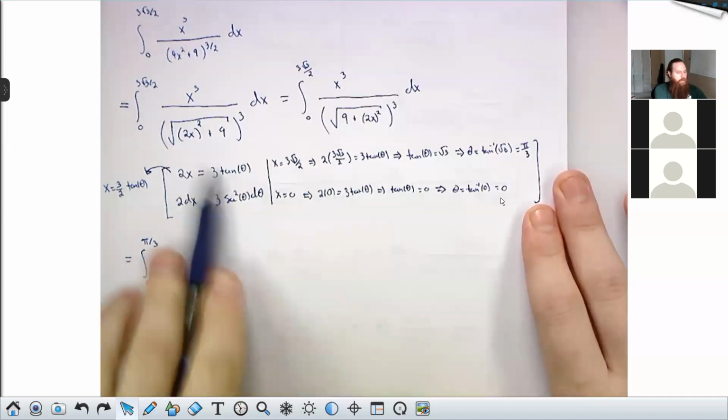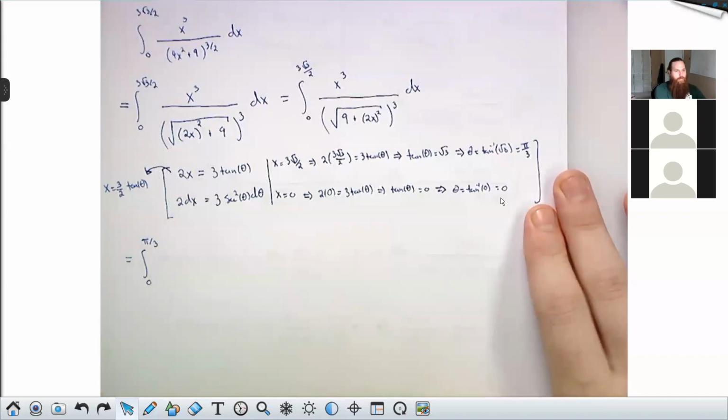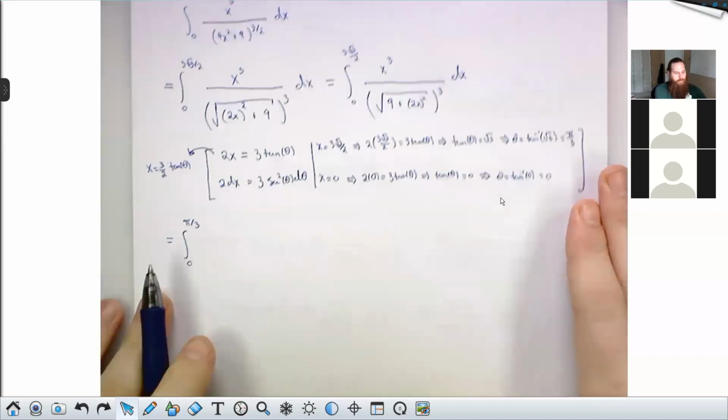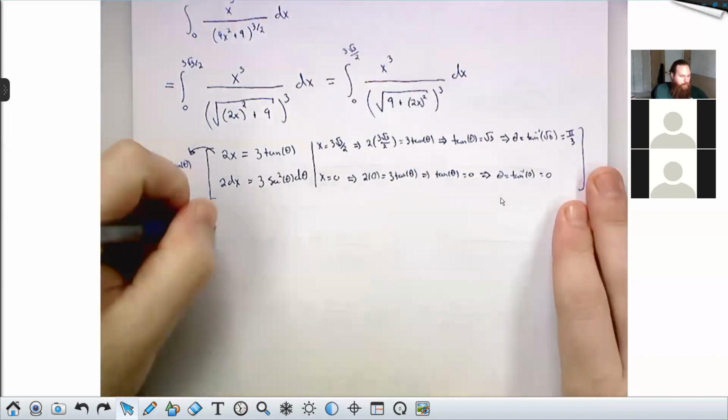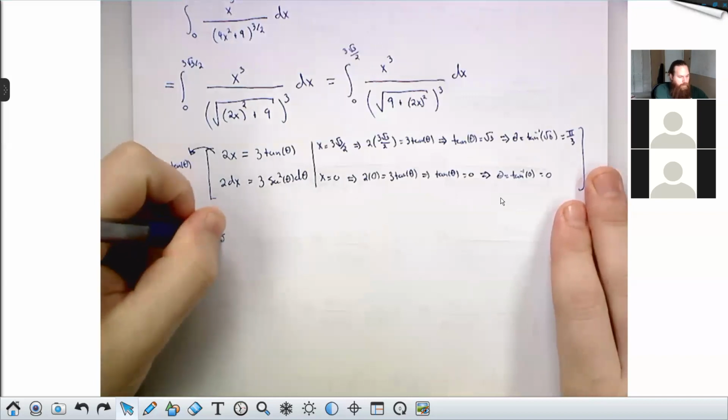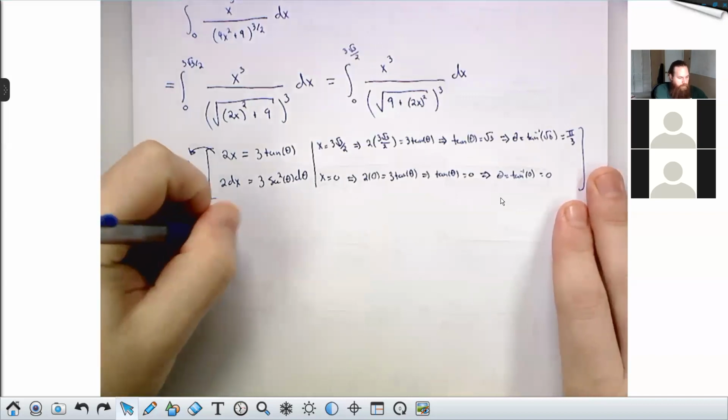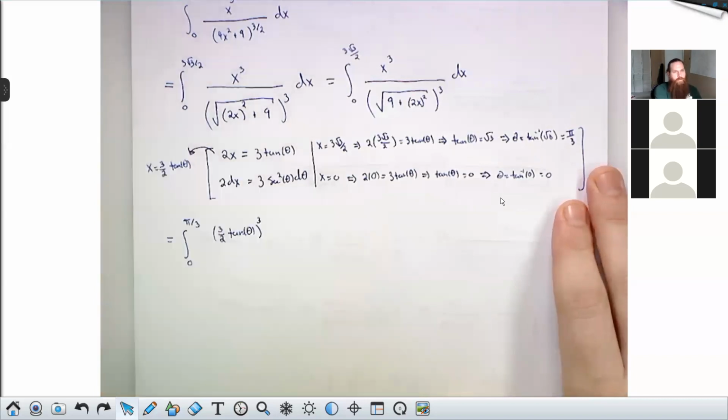So you can solve this for x. So x cubed is 3 halves tan theta all cubed.